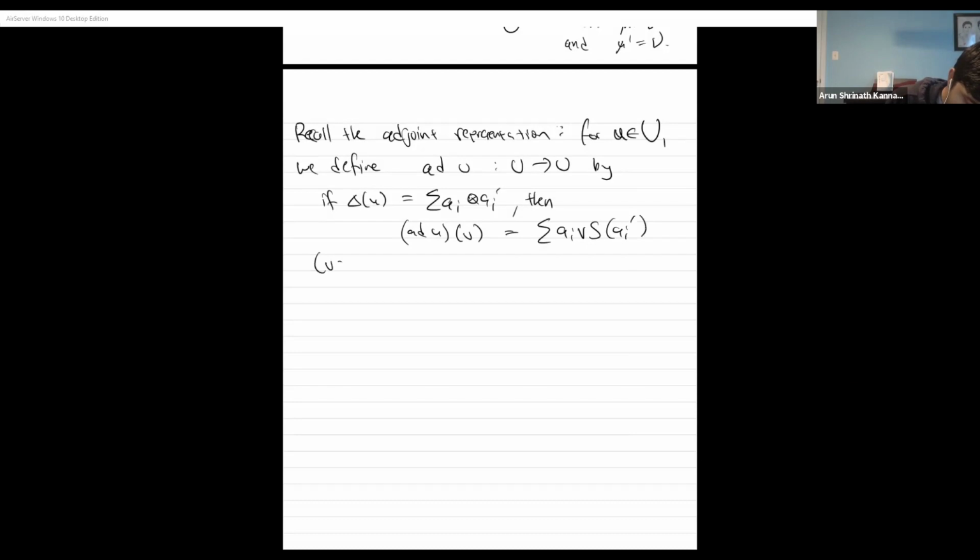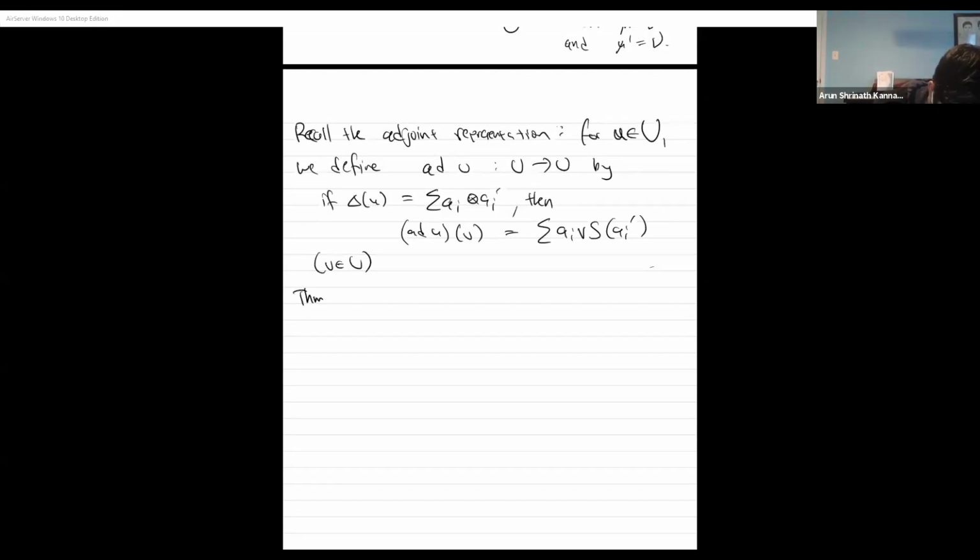Now U is a U-module under the adjoint representation. So we can consider what it means for this form to be invariant.